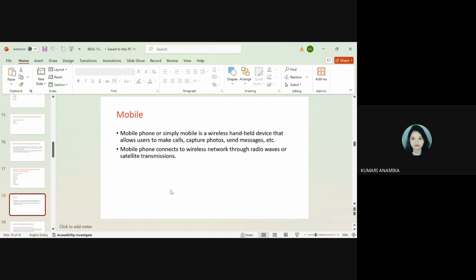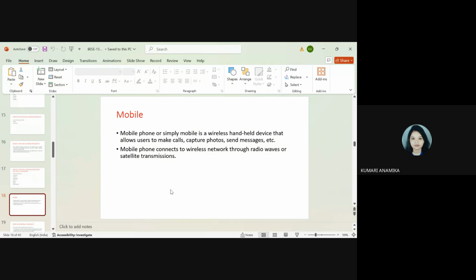And mobile phones. Post covid, we cannot say post, during the time of covid also, mobile has actually changed the entire scenario of the education system. Whatever education or online education, everything was given on mobile only.